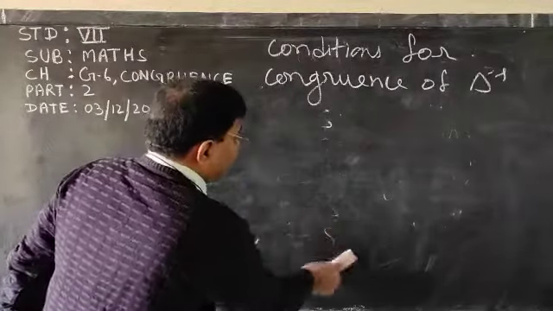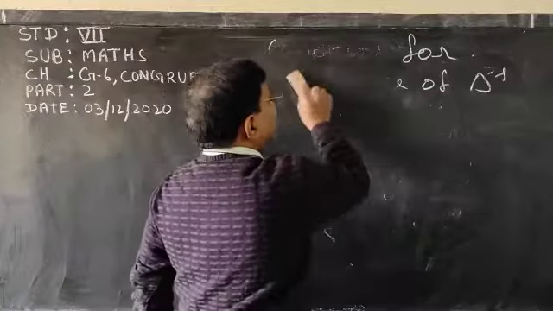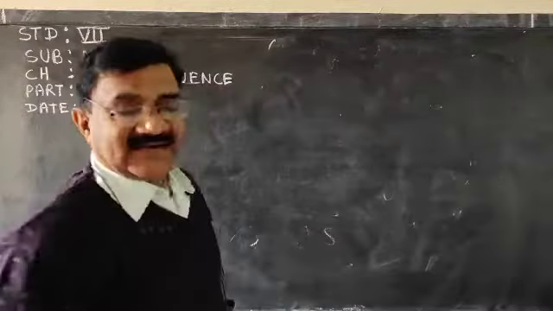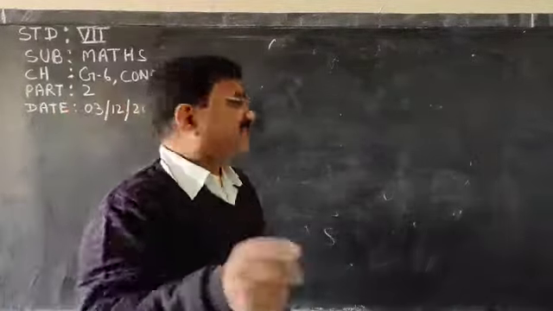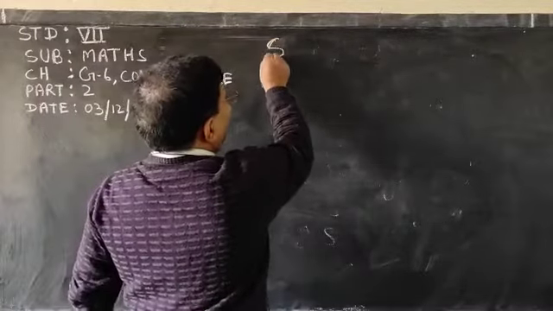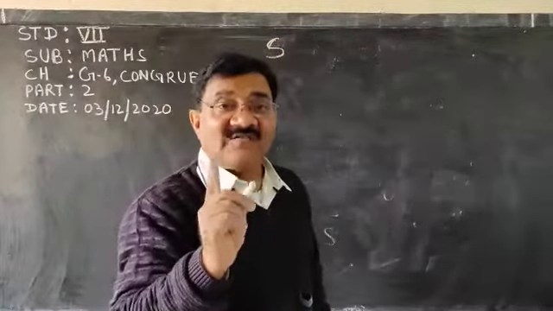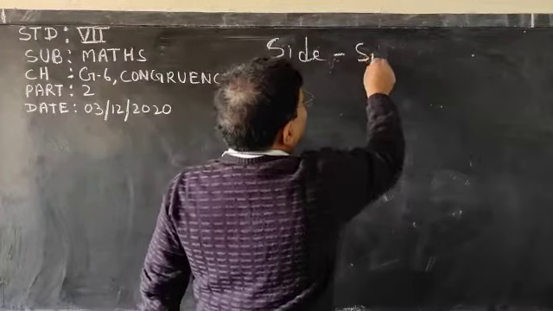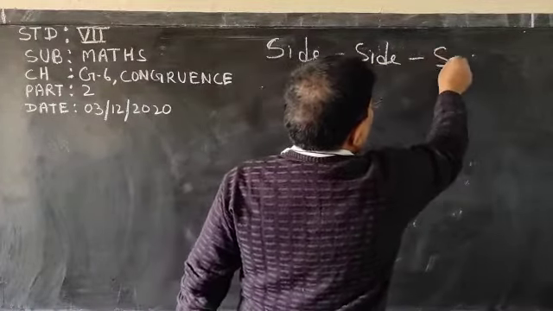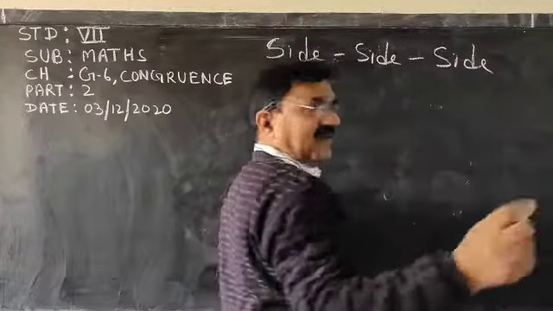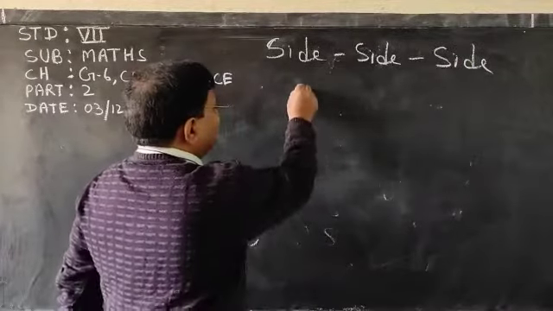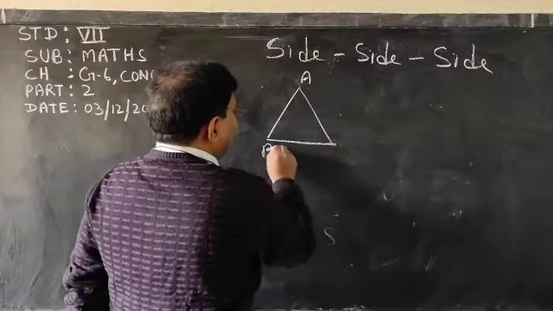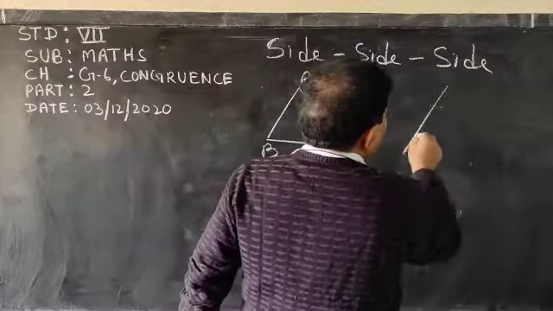Coming to the first condition. First condition for congruency of triangles, that is SSS, actually it is the short form of Side, Side, Side. What does it mean? This is triangle ABC, A, B and C, and this is triangle DEF.